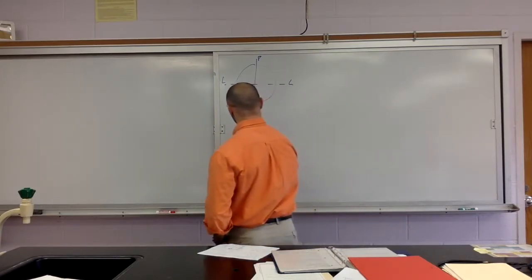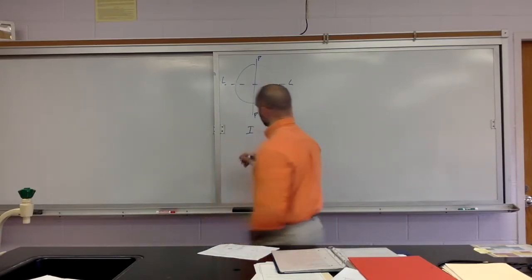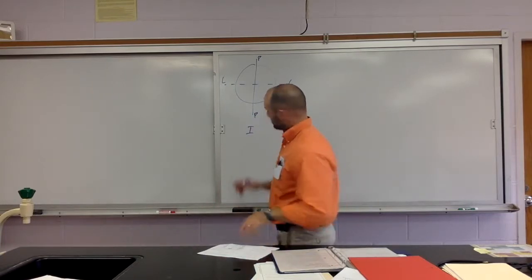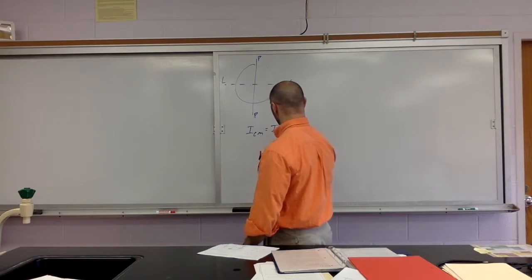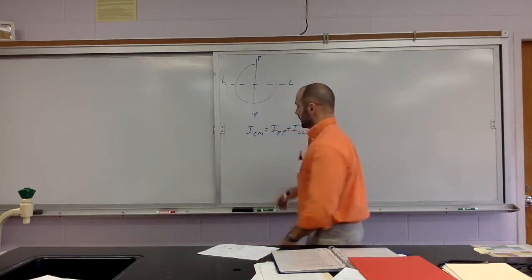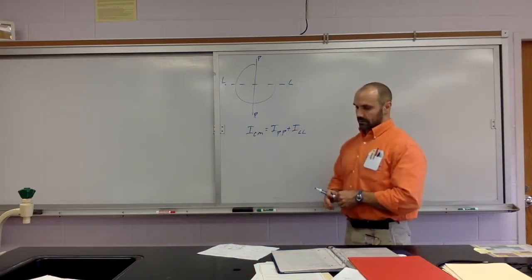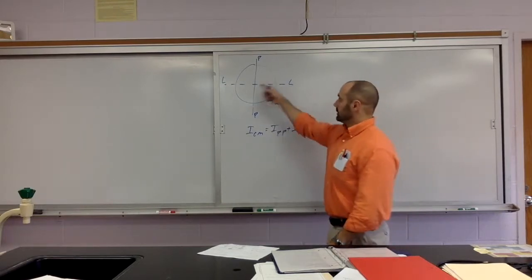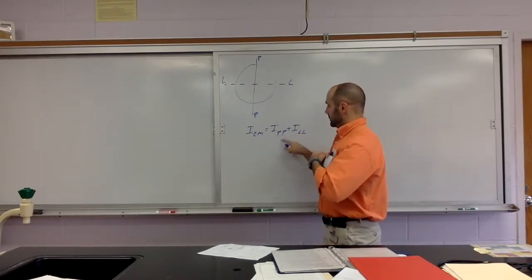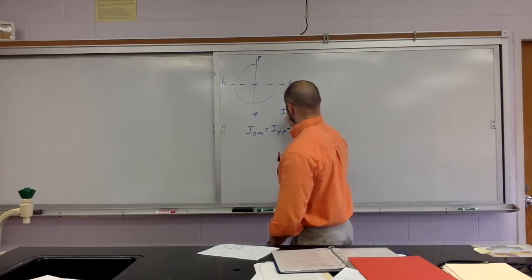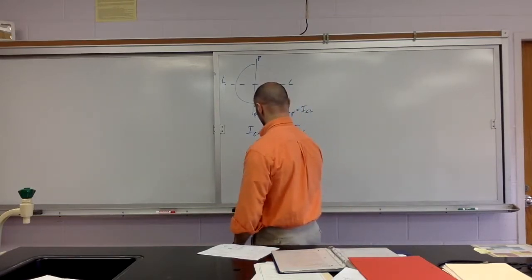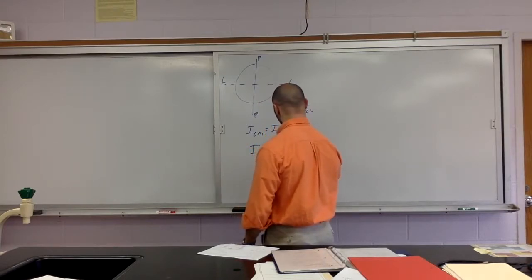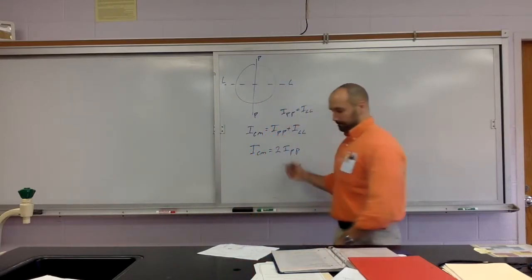And so according to the plane figure theorem, I about the center of mass, like what we normally have, is I_PP plus I_LL. But because these are symmetric, L and P are the same. I_PP is equal to I_LL. So I about the center of mass is 2 I_PP.